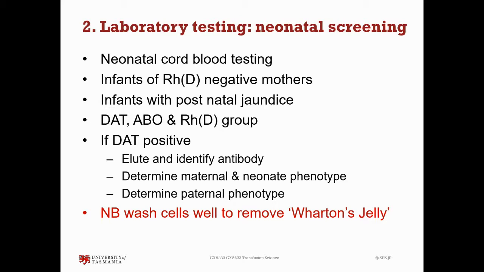So all infants of RHD negative mothers do have their cord blood screened. They do an ABO and RHD group. So if the baby is found to be RHD positive, then they would do a direct antiglobulin test. So this is done on RHD negative mothers, and as you can see, they're infants that have postnatal jaundice. So they're either born with jaundice or they develop jaundice within the first 24 to 48 hours after birth.